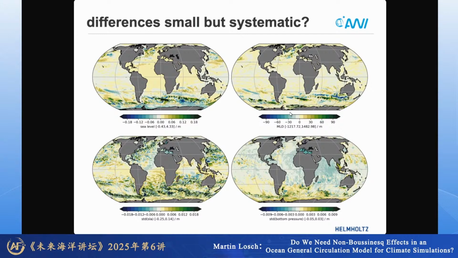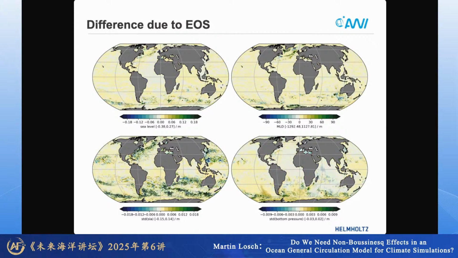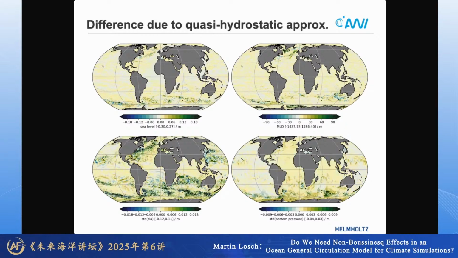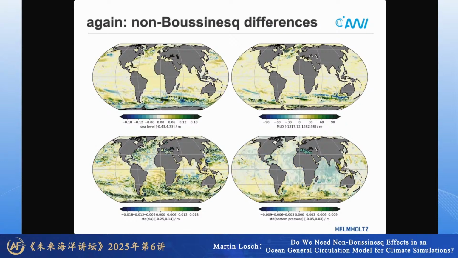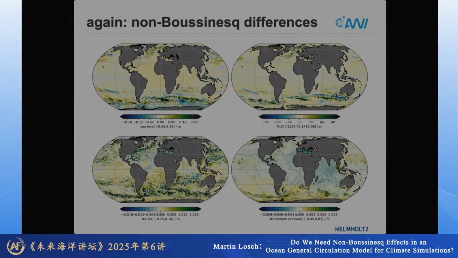I mean, this is for Boussinesq, but if you change the equation of state, the largest effect is in the Southern Ocean as well. And if you change the numerics, the Southern Ocean is also affected the most. There are also other effects, but it's always the Southern Ocean.